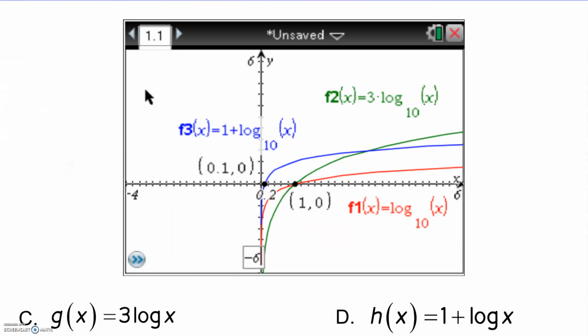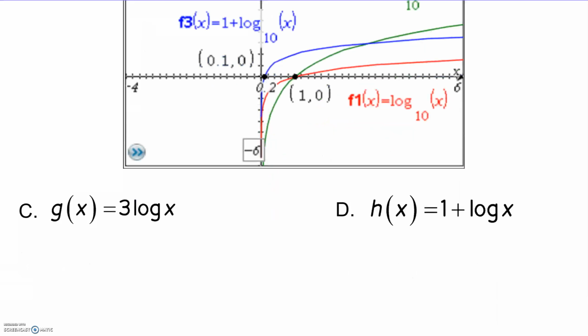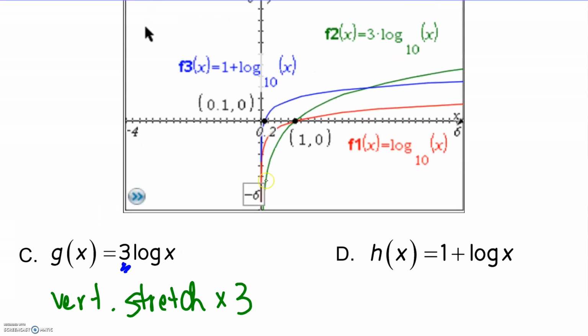Okay, let's look at a couple more here. We've got 3 times the log of x, multiplying out in the front by 3. All that does is it's a vertical stretch by a factor of 3. Up here in this graph, you'll see the basic red graph, which is just common log, or log base 10 of x.